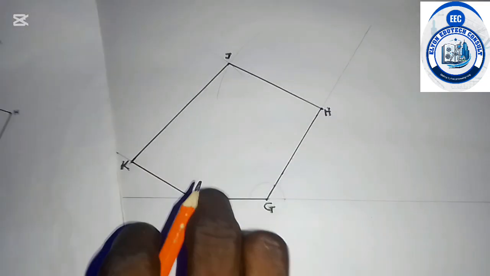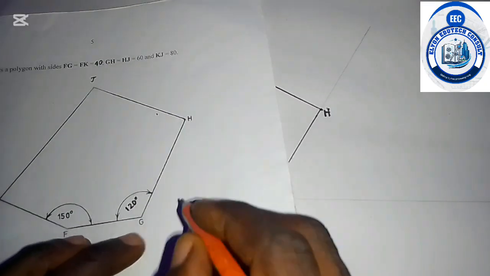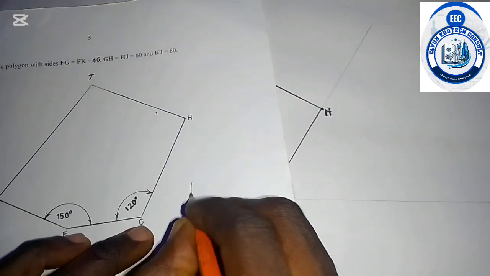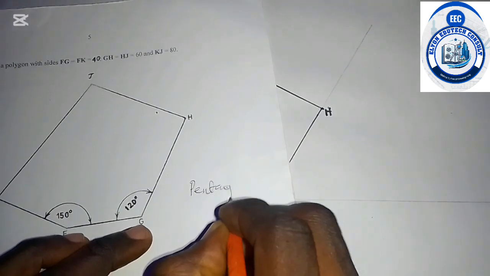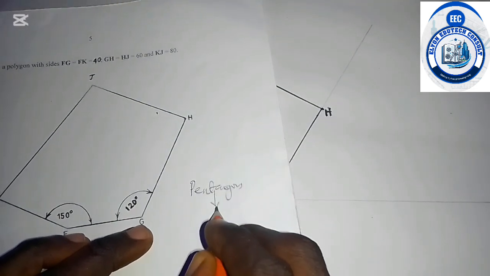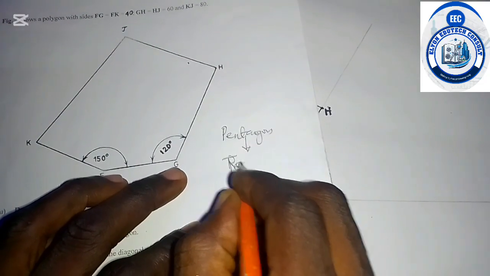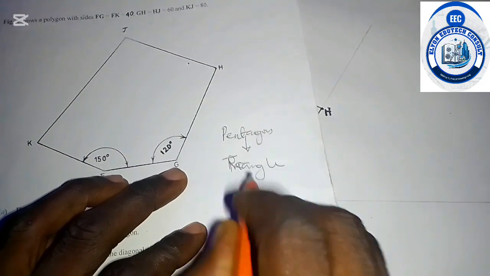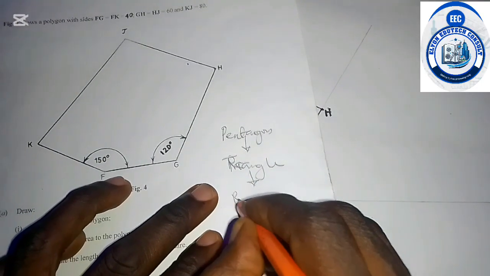First of all, we have to take this irregular polygon, the pentagon, to a triangle. From the triangle we take it to a rectangle.